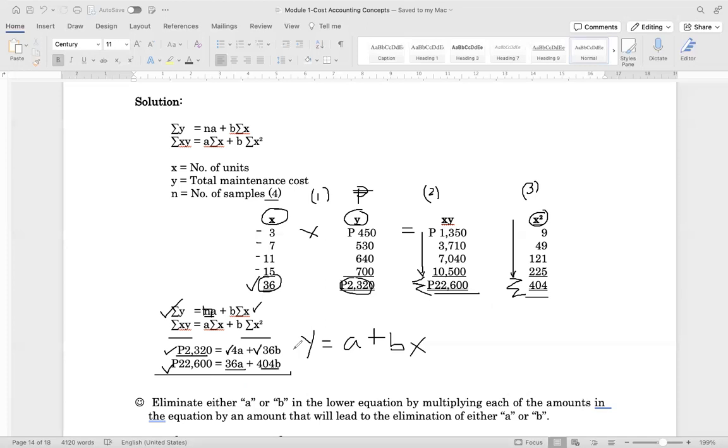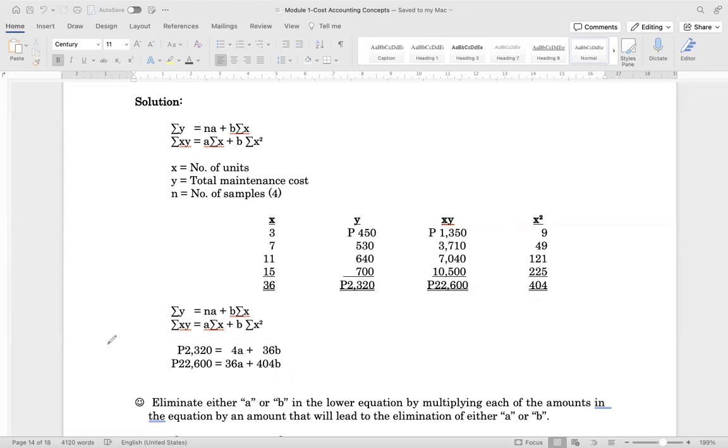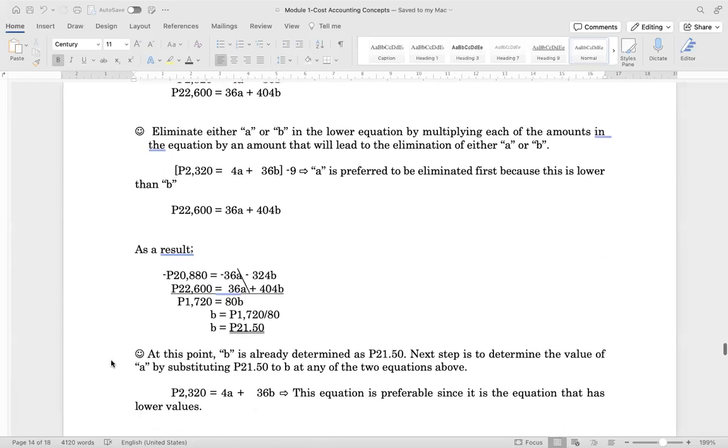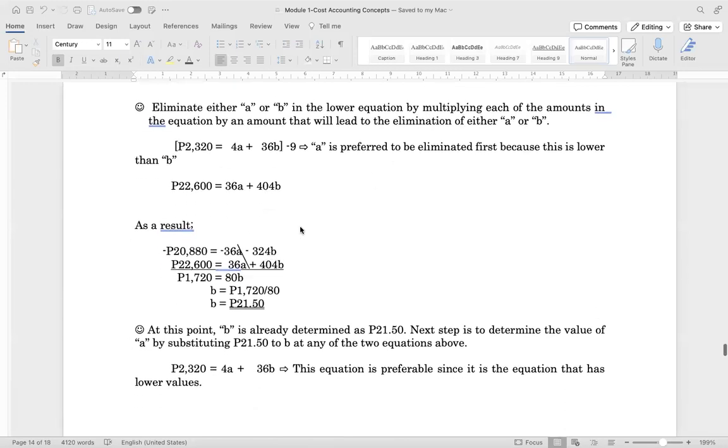So after plugging in this formula, you have to multiply a certain number to cancel either a or b. In this case, it would be easier to eliminate a, considering the lower number of units.